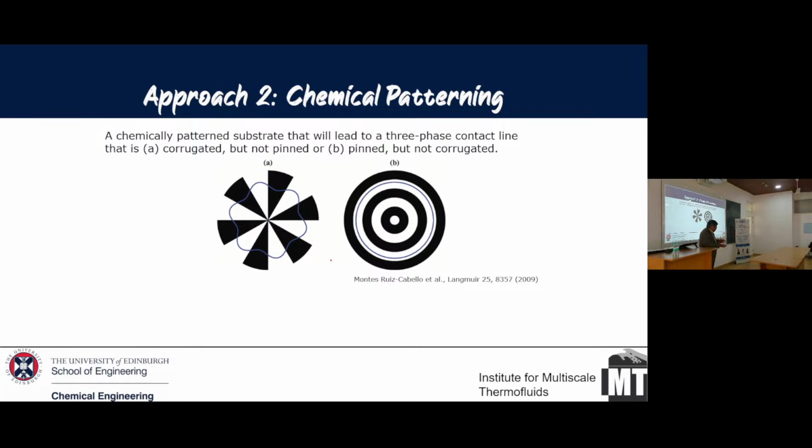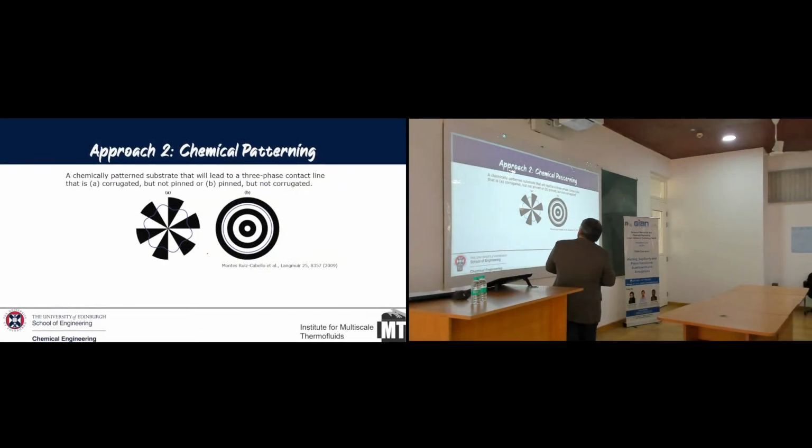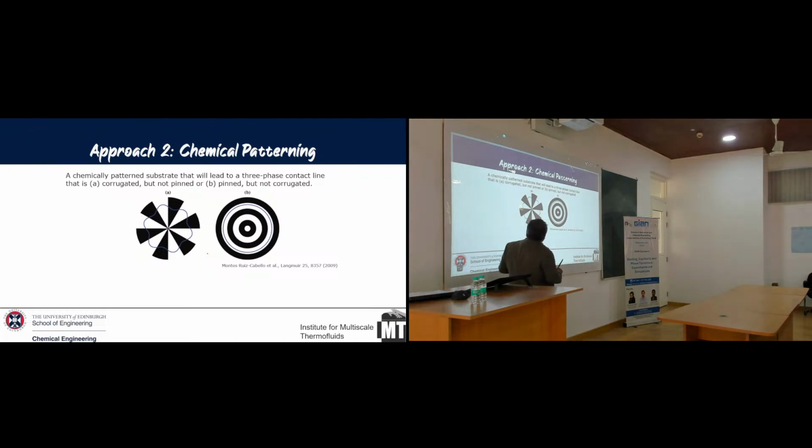Depending upon the shape and size of the pattern, the nature of wettability will change. In this case it's a corrugated substrate, but here it is more of a concentric arrangement.